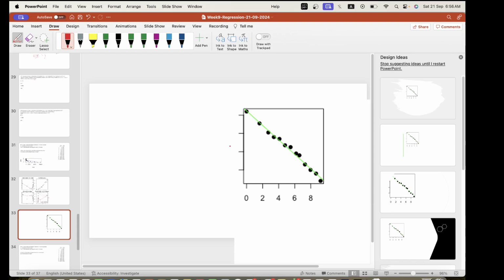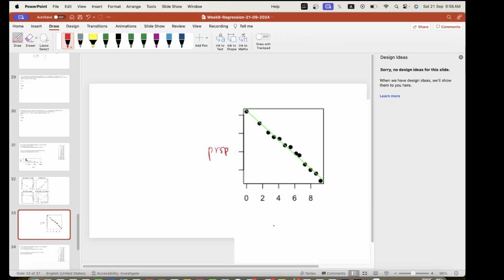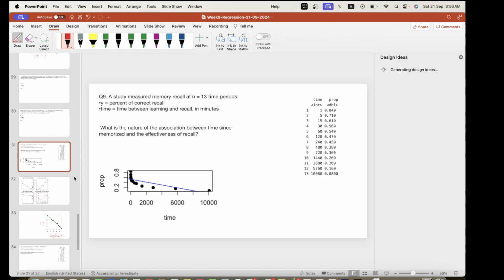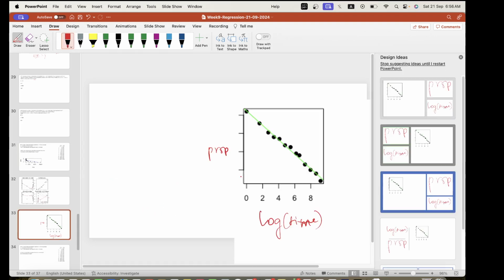Here on the y-axis we have prop and here we have log time. In the previous one we had proportion and time, but here we have proportion and log time, and we see that this is well explained by the linear regression.